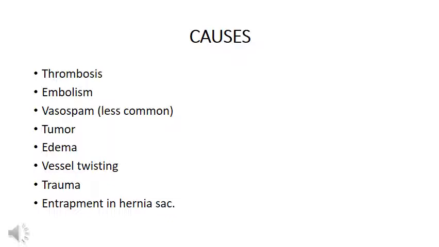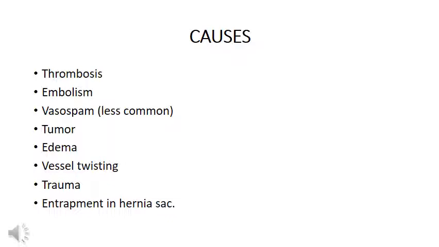Vasospasm and the other causes are less common. The most common causes are thrombosis and embolism. Vasospasm, tumor, edema, vessel twisting, trauma, and entrapment in a hernia sac are all very uncommon causes of infarction. The two common causes are thrombosis and embolism.